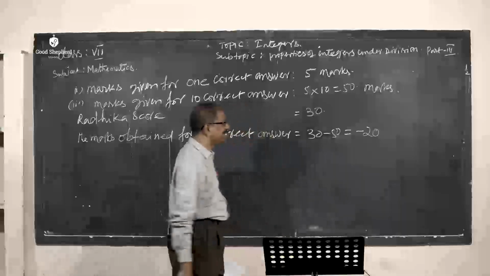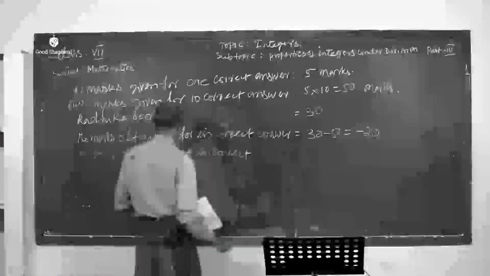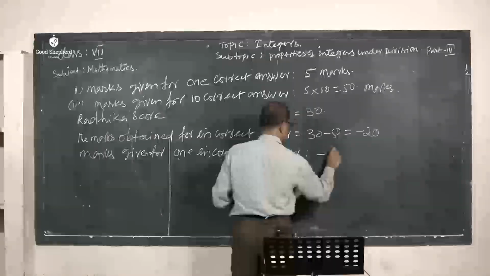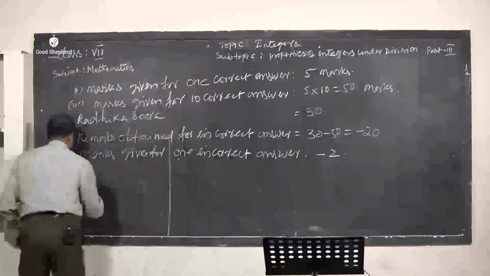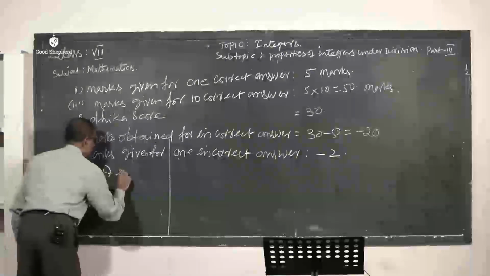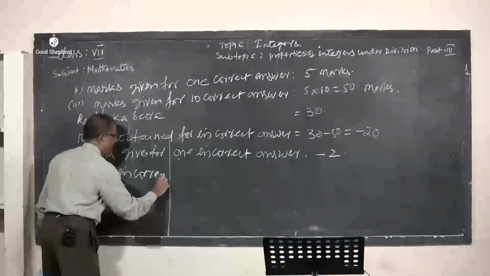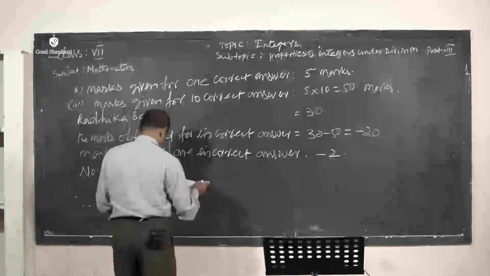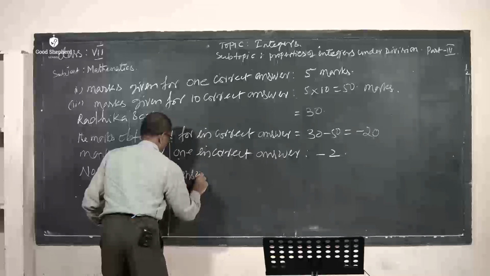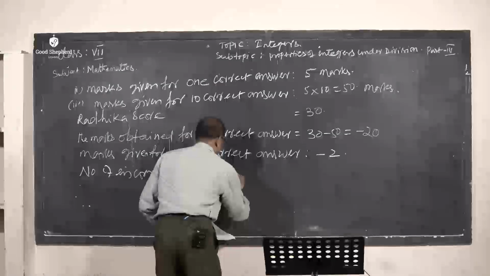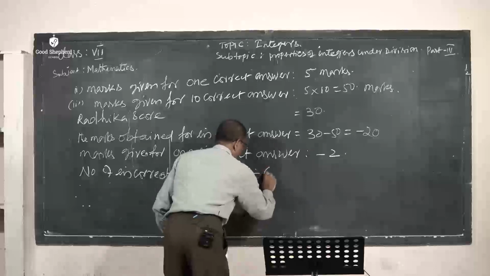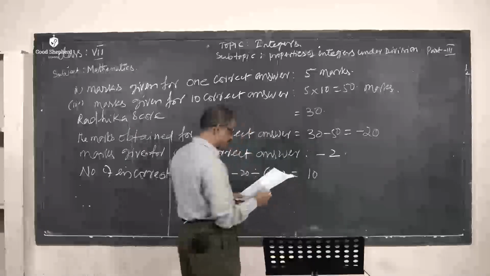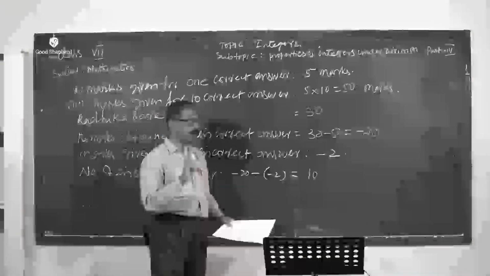She got fewer marks, or negative marks, minus 20. One incorrect answer is minus 2. Then the number of incorrect answers is equal to minus 20 divided by minus 2, that is equal to 10. So Radhika did 10 questions wrong.